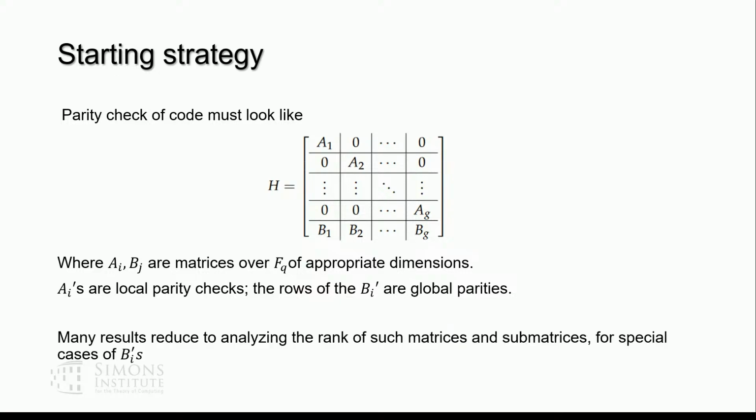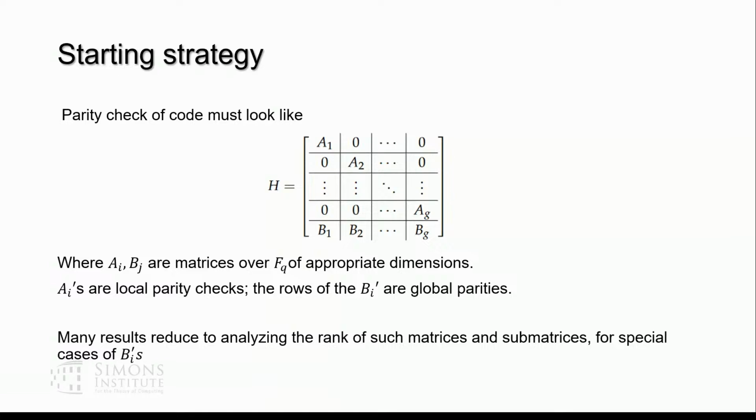And the strategy from here on is to analyze determinants or ranks of these matrices when the A_i's and B_i's have special, nice forms.